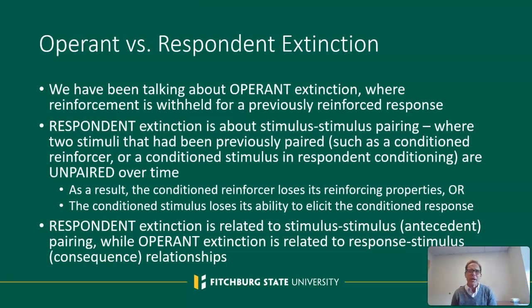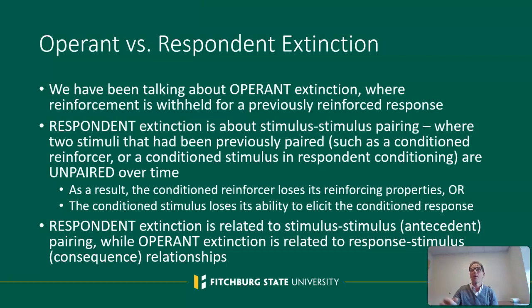So when we're looking to tease out the distinction here, and determine what kind of extinction am I seeing here, am I seeing respondent extinction, or am I seeing operant extinction? Respondent extinction is related to stimulus-stimulus pairing. It's all about two antecedents that are paired and then are unpaired in the extinction process, whereas operant extinction is related to response-stimulus relationships or consequence relationships.